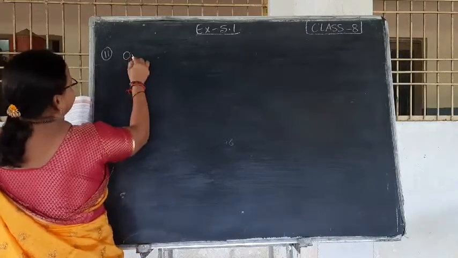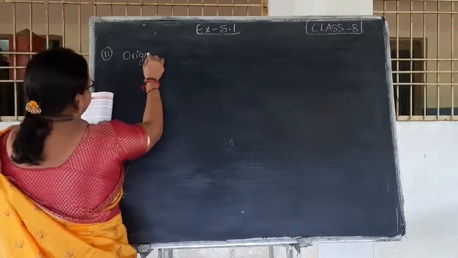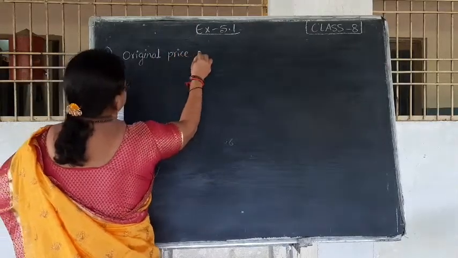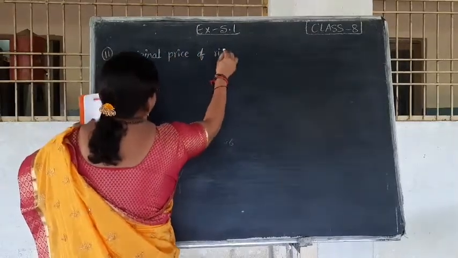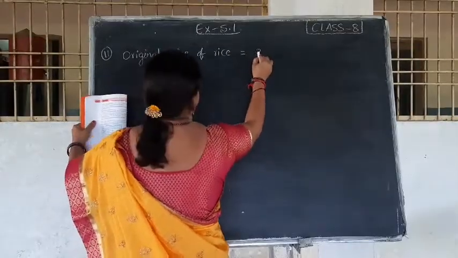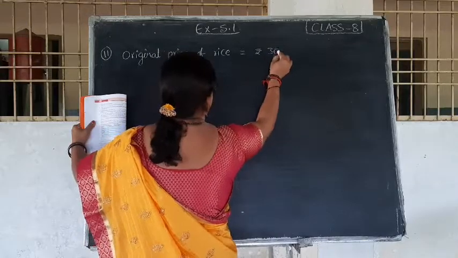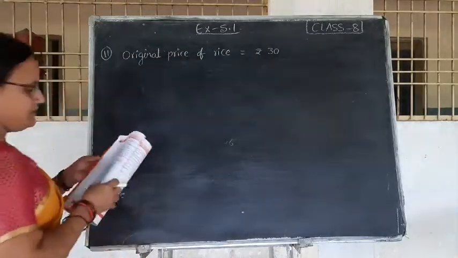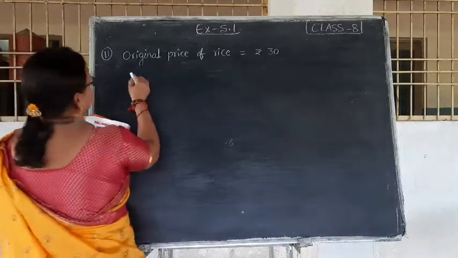Original price of rice, how much is given? 30 rupees. So the reduced percentage of rice is 5%.